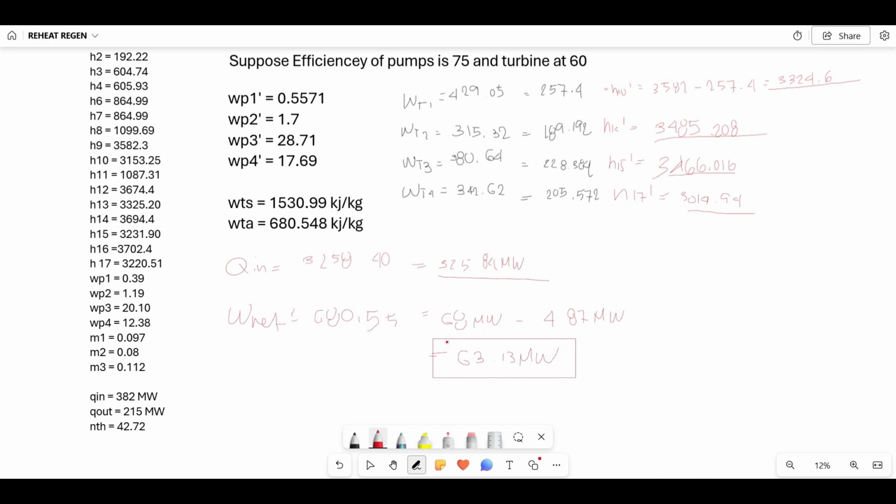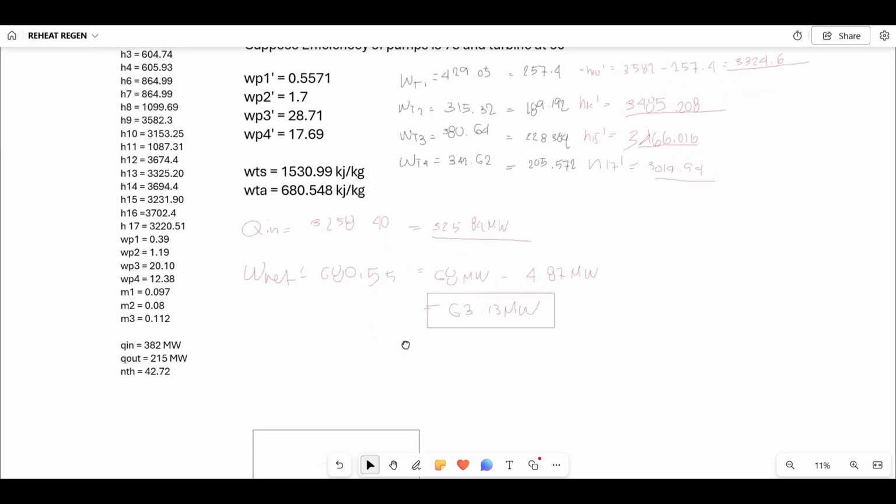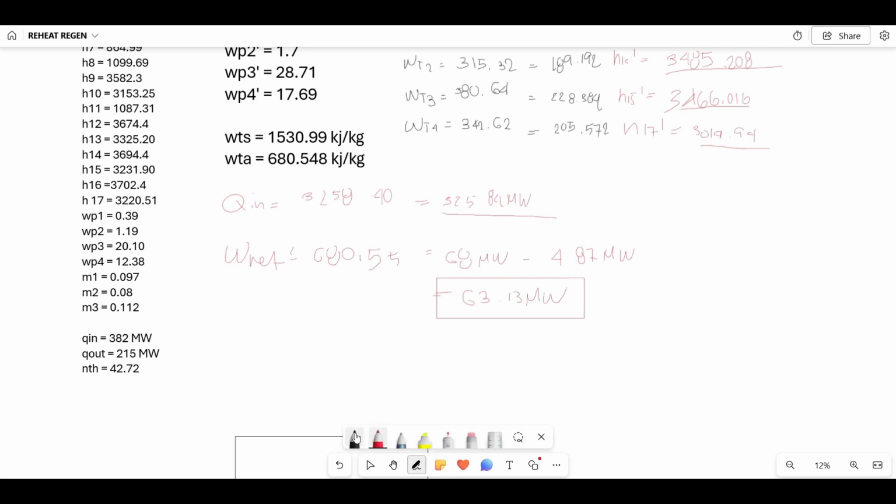After we got our work net, we now solve for the efficiency using work net. So efficiency is equal to work net over Qin. Notice that our work net is really small, 63, compared to the work net that we had earlier, which was 100 plus.